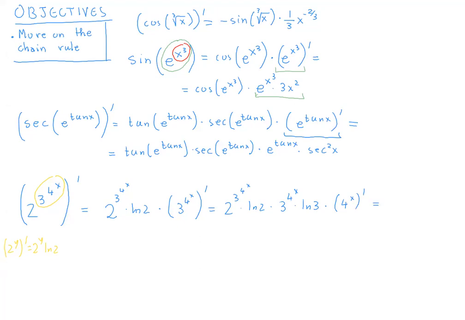And finally, this is going to be 2 to the 3 to the 4 to the x times ln 2 times 3 to the 4 to the x times ln 3 times 4 to the x times ln 4.